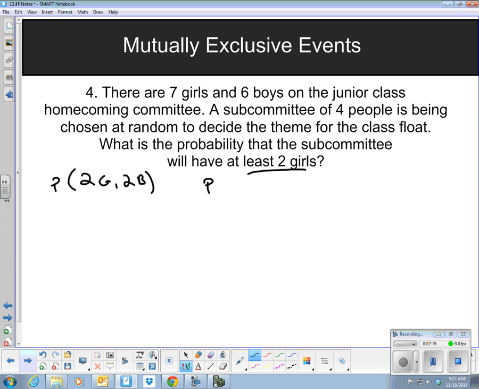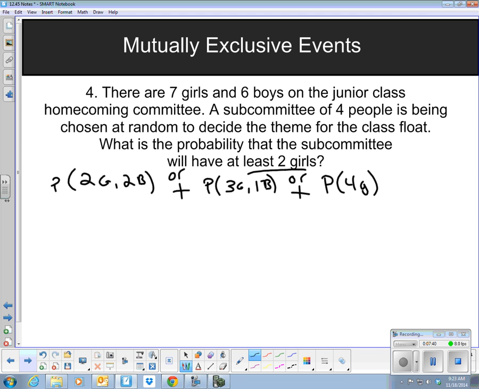There is the situation where you could have 3 girls and 1 boy. Or there's a situation where you could have all girls. So I could have this, or this, or this. Or implies addition.